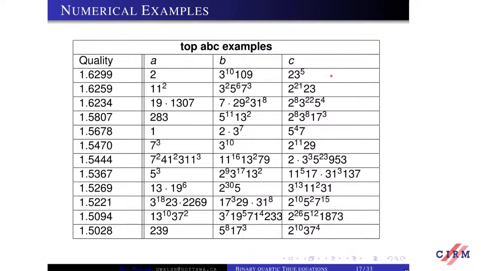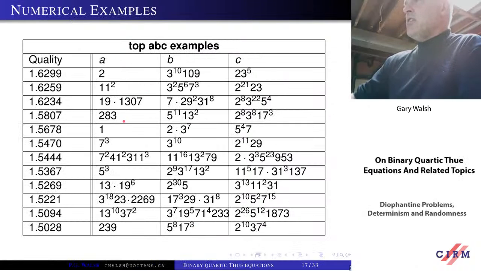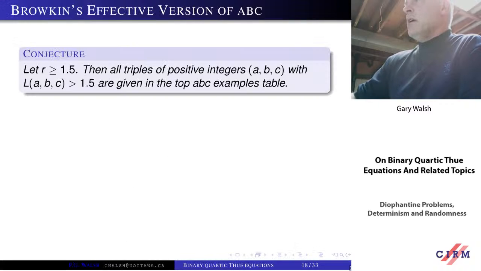If you've looked at ABC before, you're probably familiar with these numbers. This is from Reyssat, I believe, and these are the other examples. Essentially, as you would expect, all of the numbers involved have small prime factors, and the ABC conjecture says that if you add two numbers with small prime factors, you're rarely going to get a number that has all small prime factors. So that's what ABC is all about.